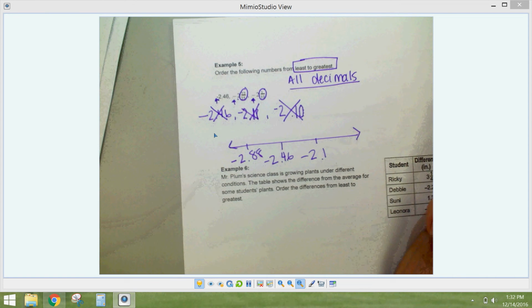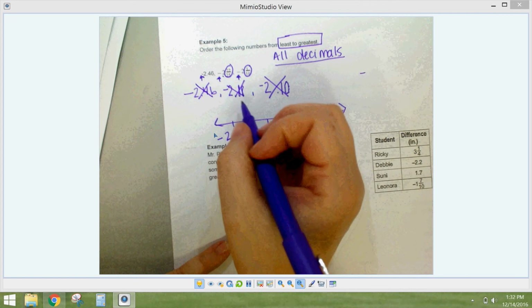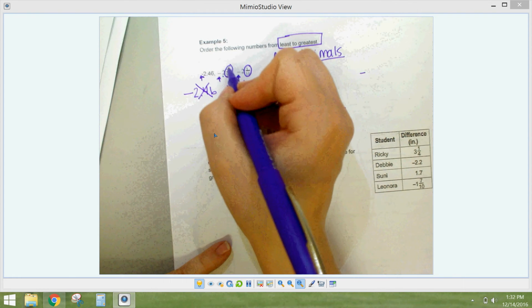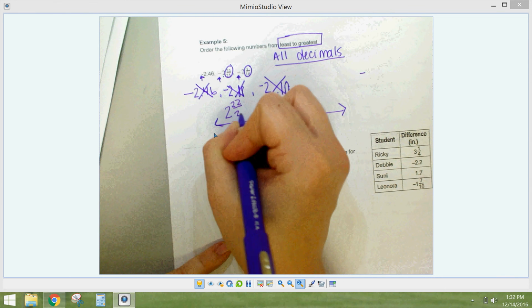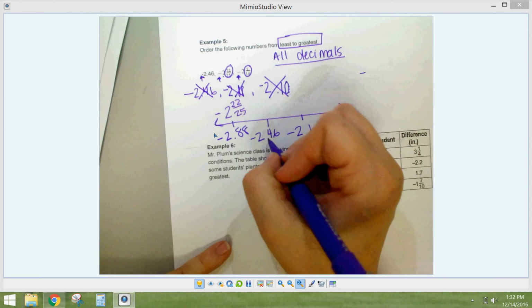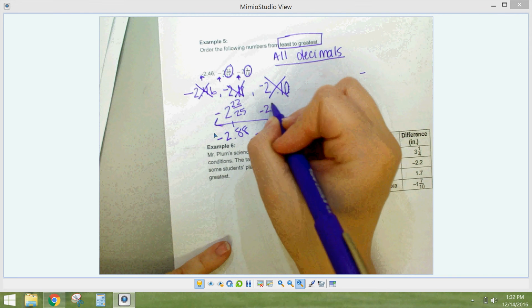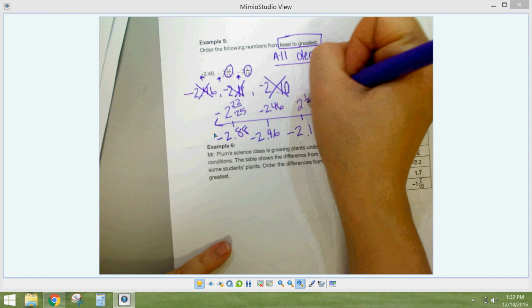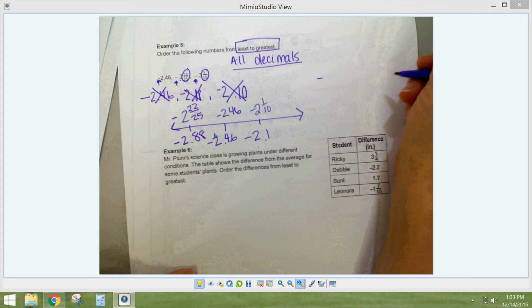And then they are in order, so that I could write them in order again. We want to put them in the same form as well. So 2 and 88 hundredths, that was the same as 2 and 22/25ths. This one was already a decimal. And then this one was just 2 and 1/10, and it was negative. So then I would write them in their original form over here.